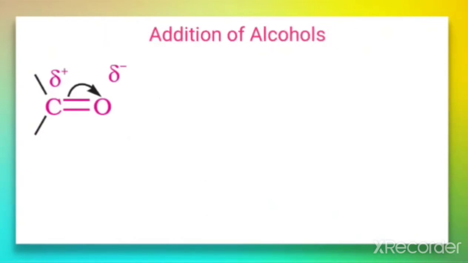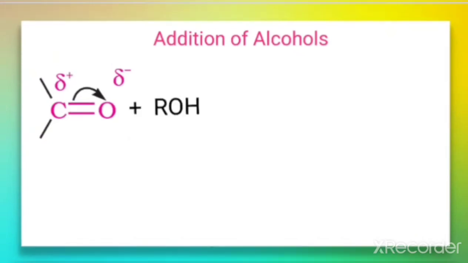Next is the reaction of aldehydes and ketones with alcohol. Reaction of ketone and aldehyde with alcohol. Here also the process is the same as for the previous one. There is a positive part and a negative part, because we know that the alkyl group is positive, OH is negative.